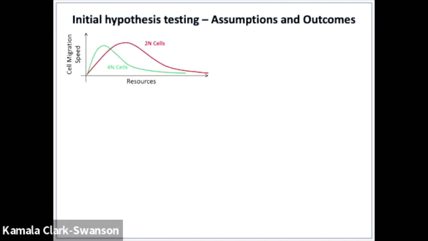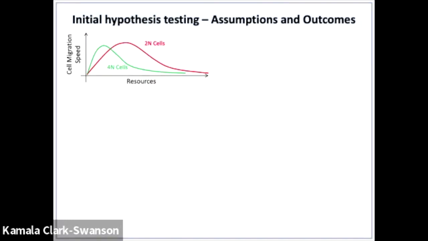Some basic assumptions we made initially were that if you have higher ploidy, you need more resources. How cell migration works with resources was based on go versus grow. If you have enough resources in the environment, you don't care about migrating anywhere else. You're happy there and you're going to divide.